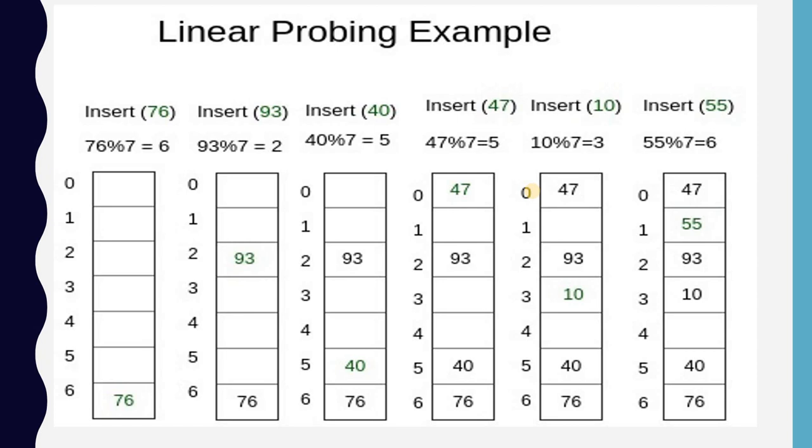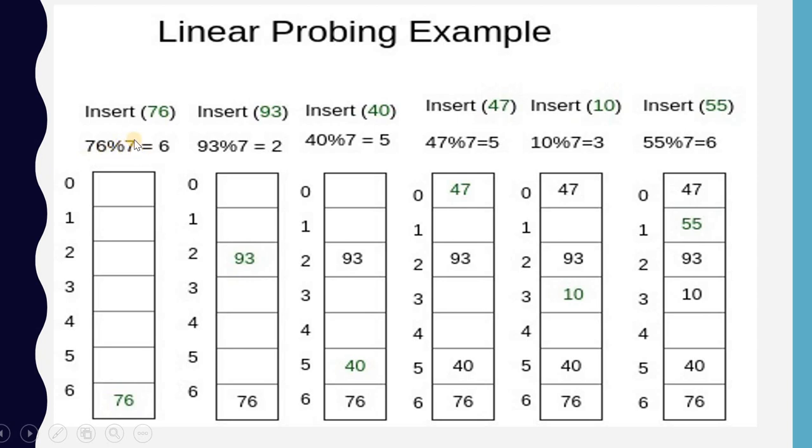Let us take an example and understand it. Suppose you are inserting the elements one by one. So let us see the effect in the hash table. First, insert 76. 76 mod 7.